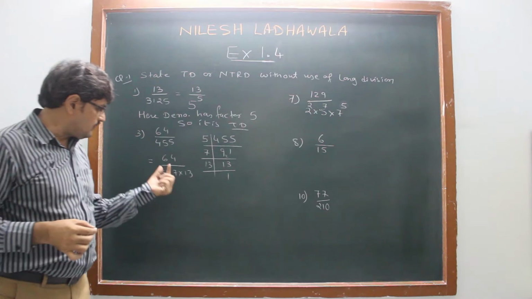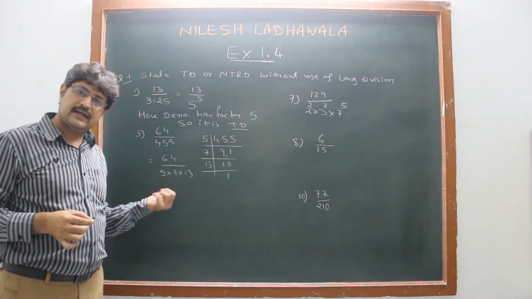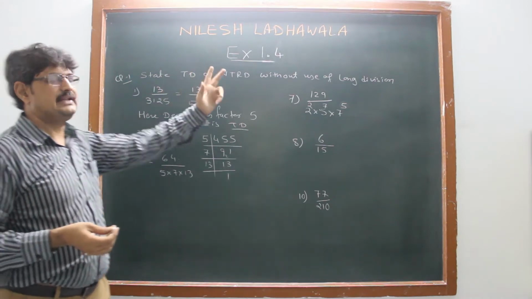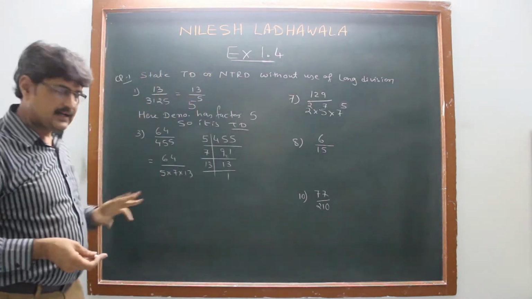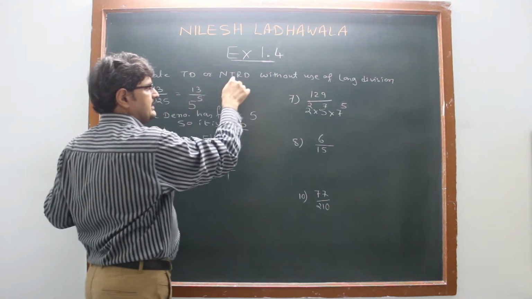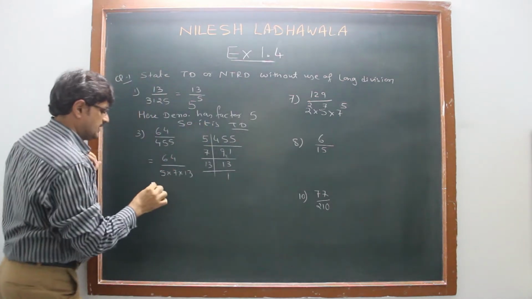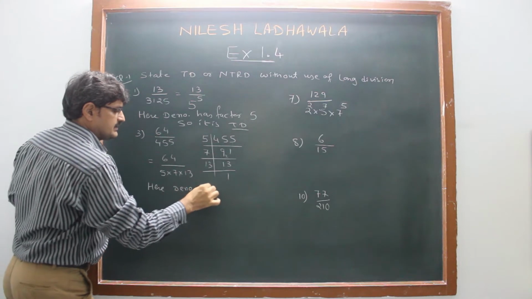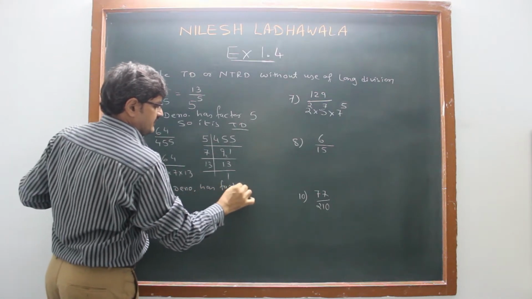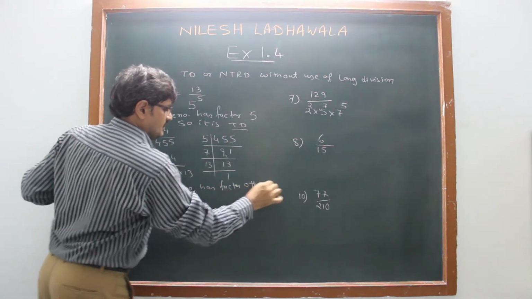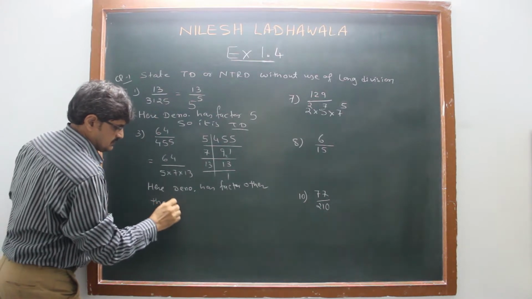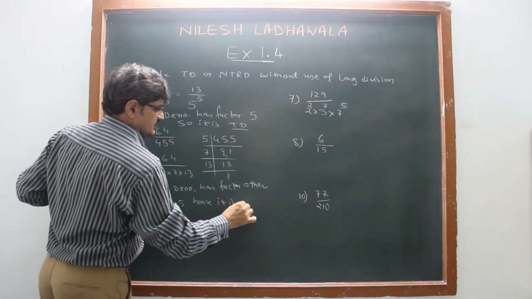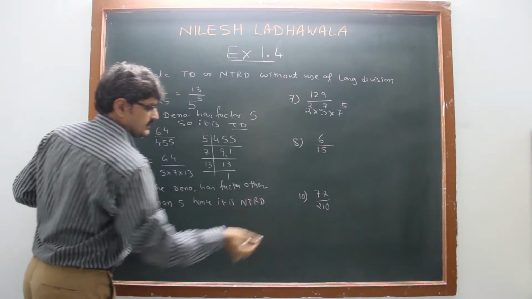Here we have factors other than 5, so it is not a terminating decimal and hence it is NTRD, that is non-terminating recurring decimal. The denominator has a factor other than 5, hence it is non-terminating recurring decimal.